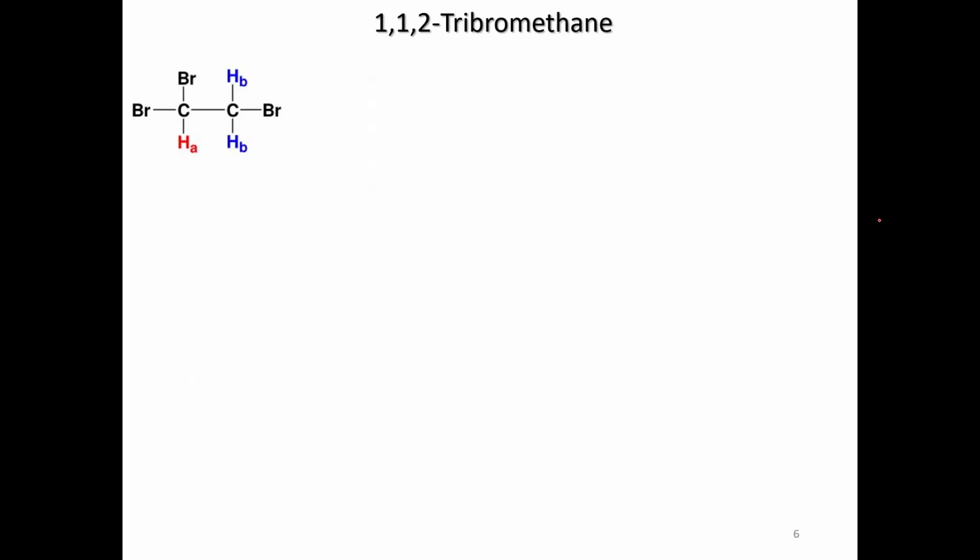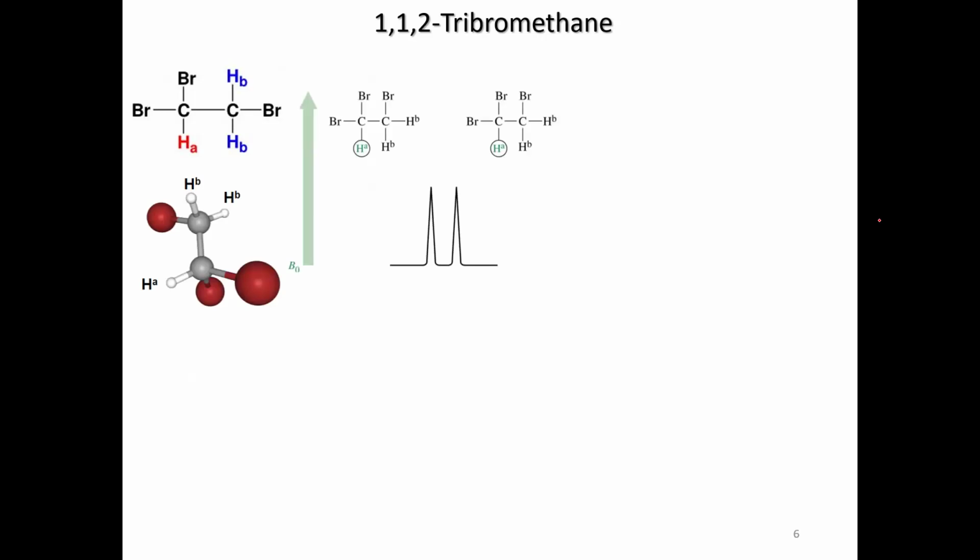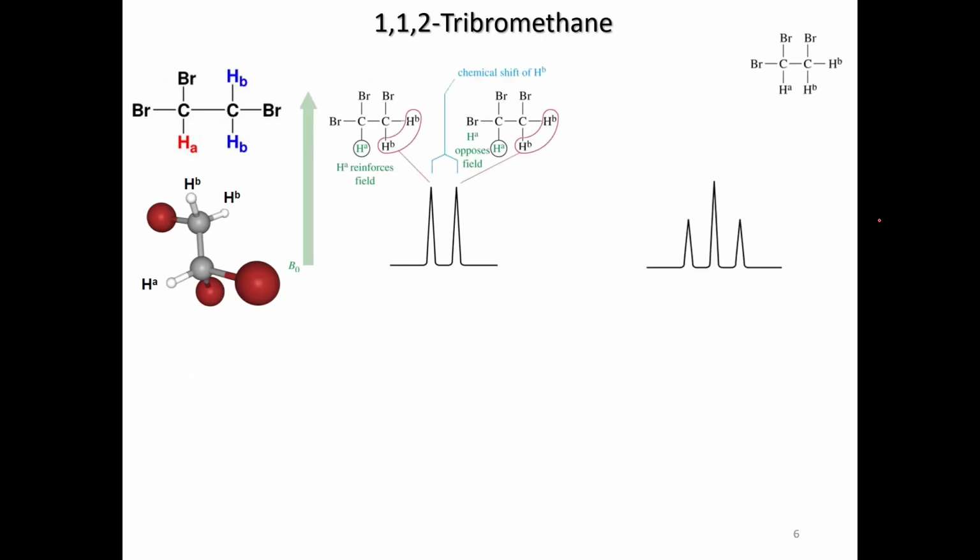So what kind of signal gives you HA? It is one itself, and two more. It's a triplet. And the other one gives you HB. One is a triplet, one is a doublet.